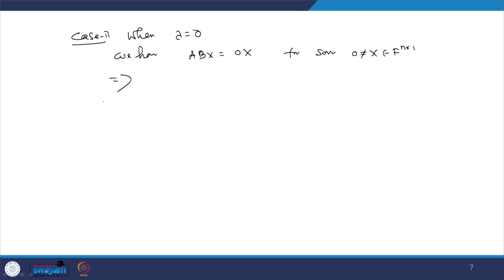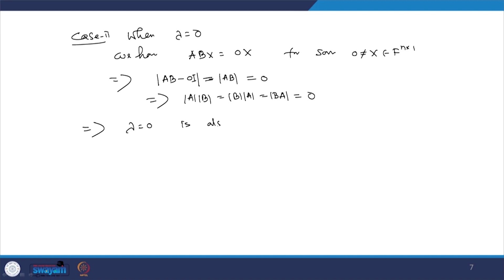So this implies that determinant of AB minus 0 into I equal to determinant of AB equal to 0, and this implies determinant of A into determinant of B, which is equal to determinant of B into determinant of A, which is equal to determinant of BA equal to 0. So this implies that lambda equal to 0 is also an eigenvalue of BA.